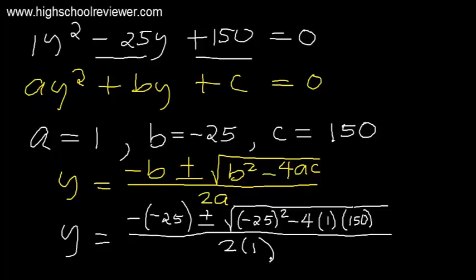So again, our y here is negative times negative 25 plus minus the square root of negative 25 squared minus 4 times 1 times 150 all over 2 times 1.